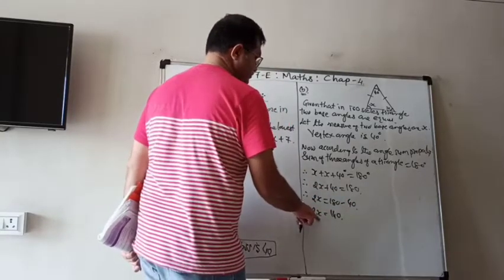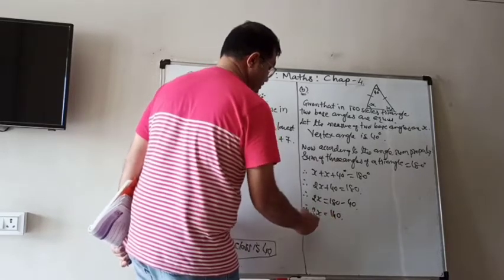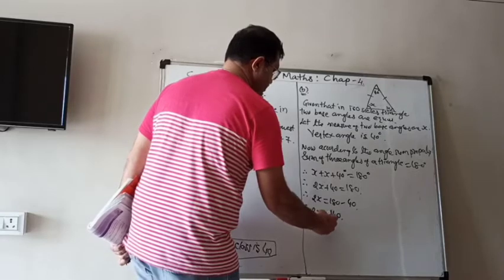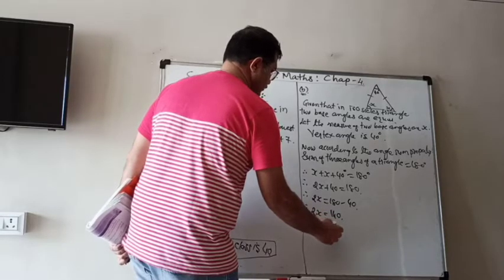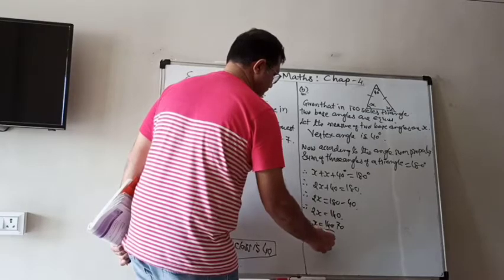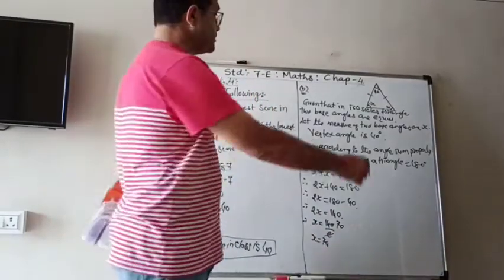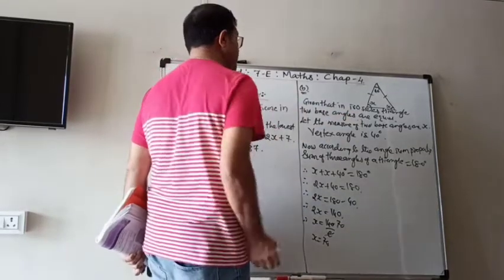Now x will remain here, 2 is in multiplication, so it will go to division. So x is equal to 140 divided by 2, which is 70. What did you take as x? x is the both base angle.